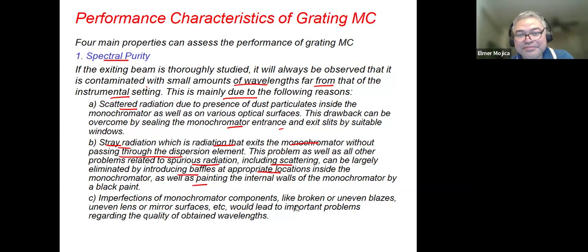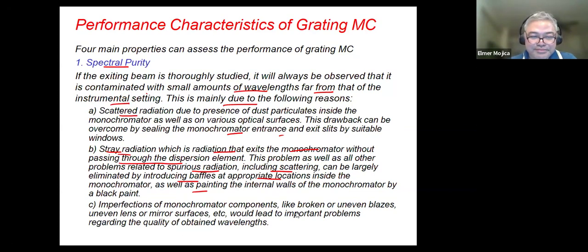Why black? Why do we use black? Anyone? Why black?